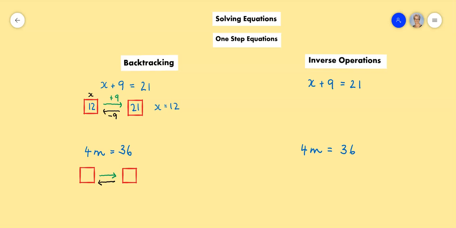Now another way to do this would be to use inverse operations. When we use inverse operations, we do exactly the same thing as we did with backtracking, but we set it out differently. So in this equation, we've got x plus 9, and the first thing that we did over here to undo the plus 9 was to minus 9.